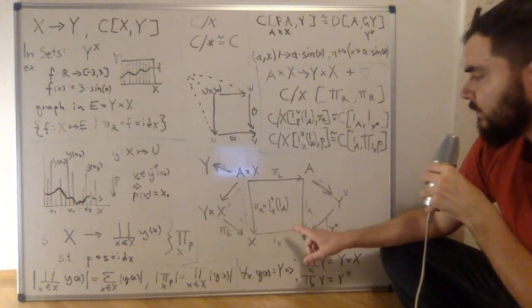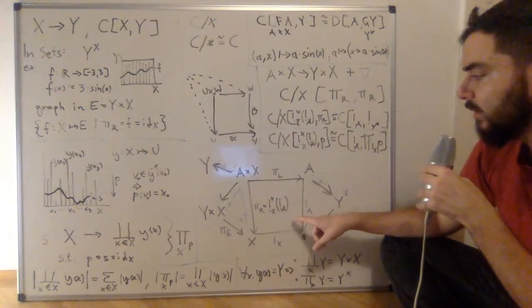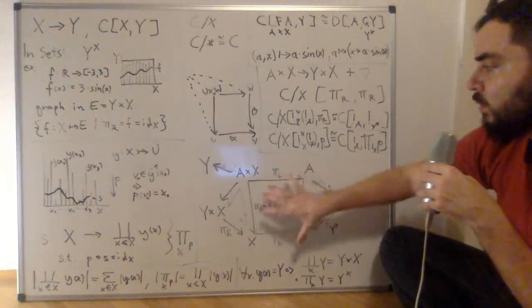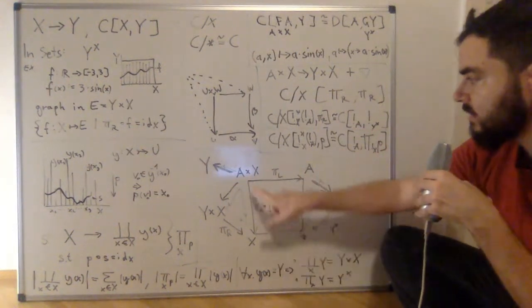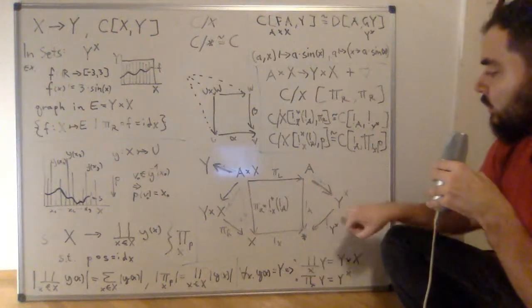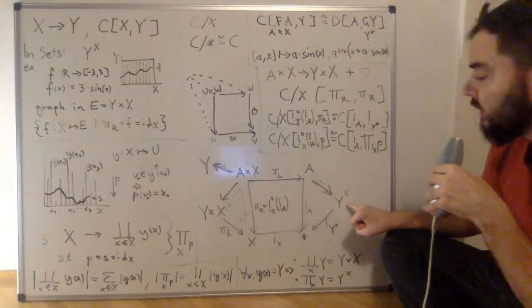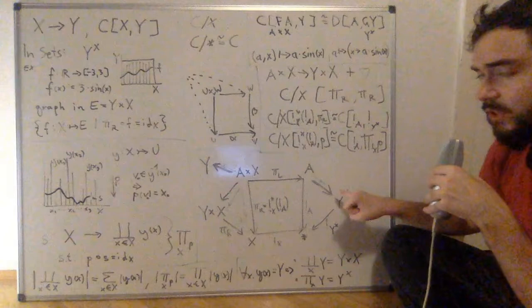And so now I want to talk about what goes on around this diagram. So okay, again, here's the terminal object, A times X, and we want to eventually get at these function spaces, right?